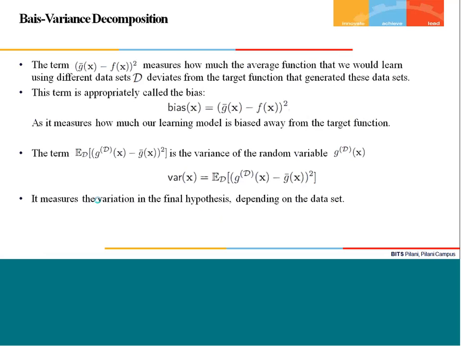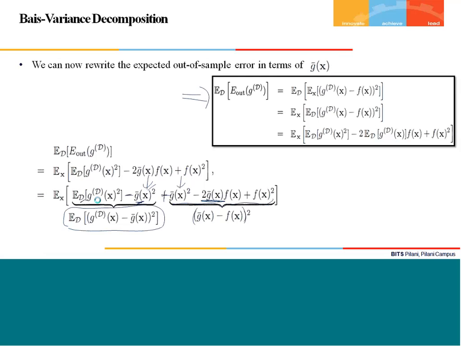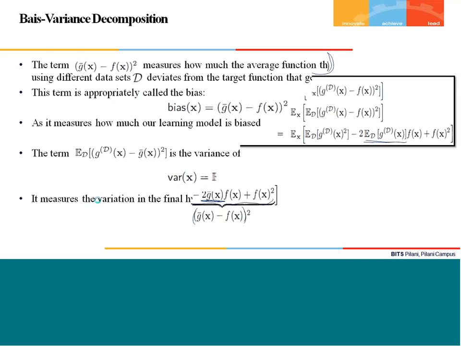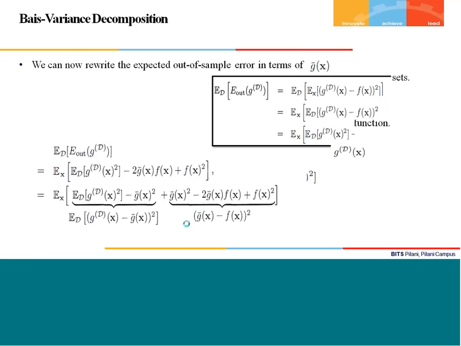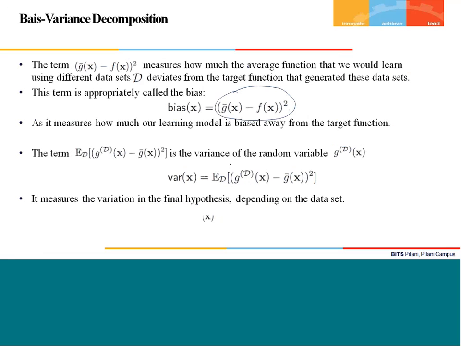Now finally you express this sum of squares into two notations, that is this square plus this square. You have expressed these things into these two notations. This is a bias. We call this a bias, and this is a variance.